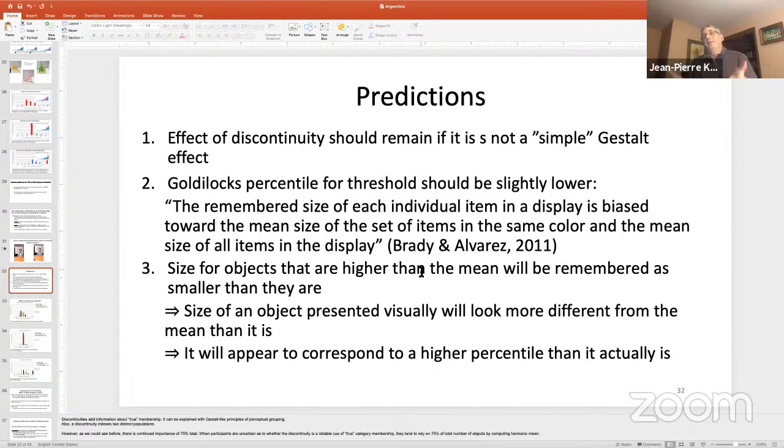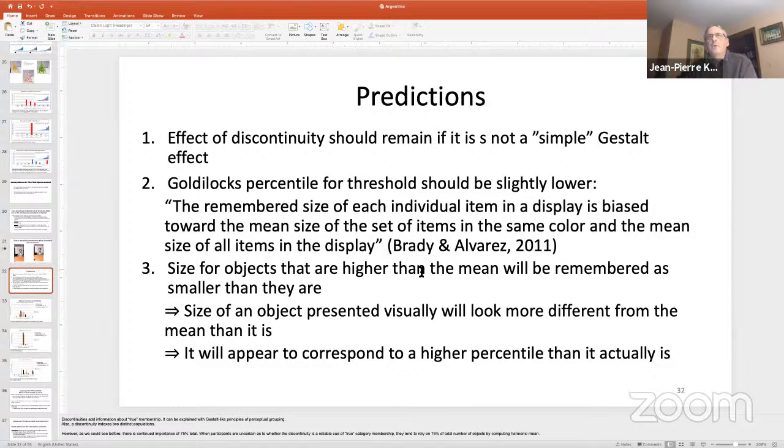They can't do that since the objects are presented one by one, and then they have to interrogate their memory in order to answer the question. Now, we also make a prediction that the Goldilocks percentile for threshold, which was around the 75th percentile, right, should be slightly lower. And that's due to experiments that have been run in vision, pure in the psychology of vision.